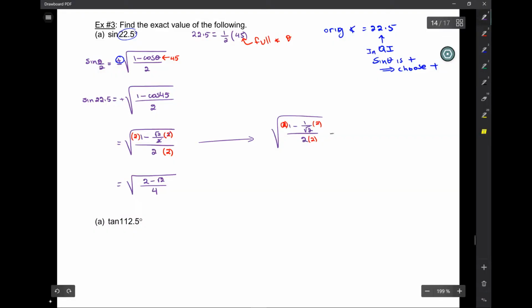So what we want to do is we want to make this a common denominator. So we want to do 2 root 2 minus 2 all over 4. And then it's just root 2 over 4. Oh, it's root 2 over 2. I get negative root 2 over 2. Hang on. I'll start again.